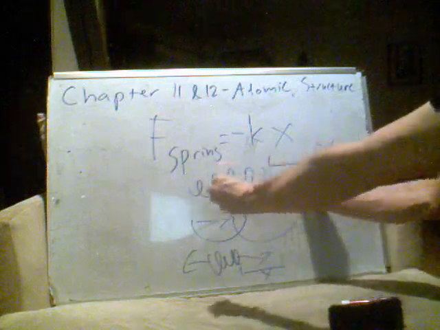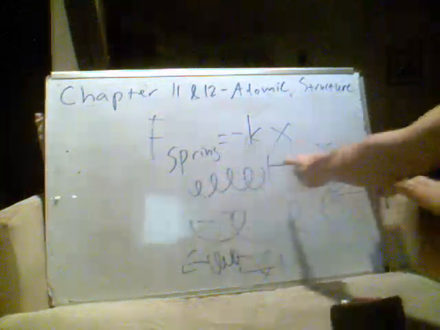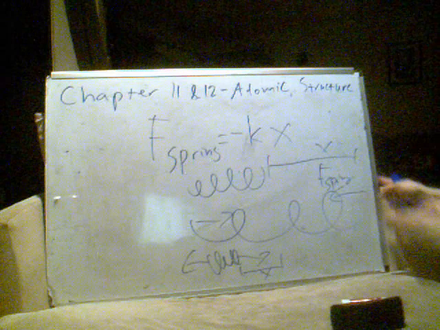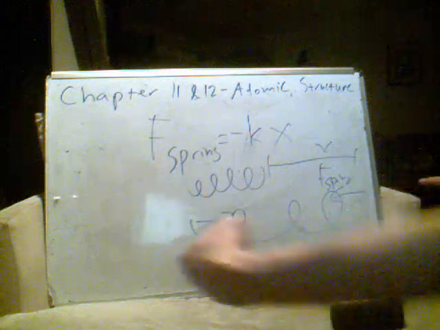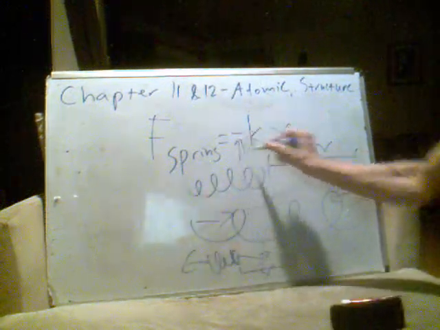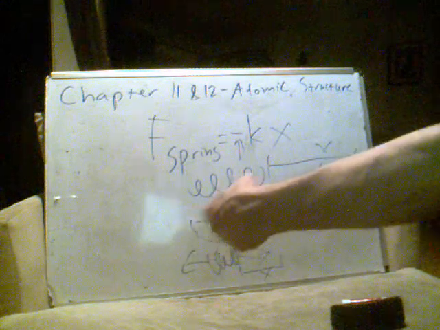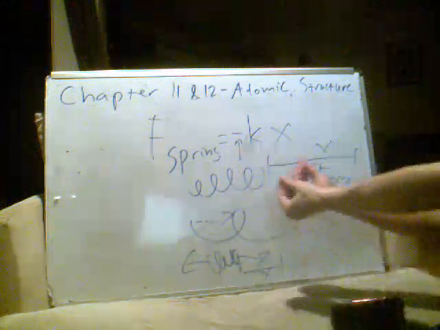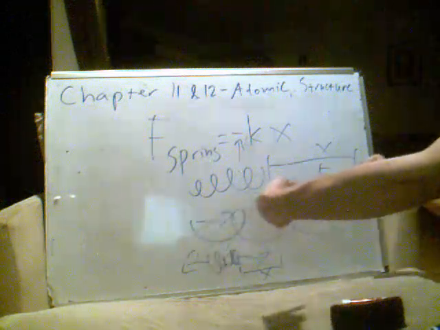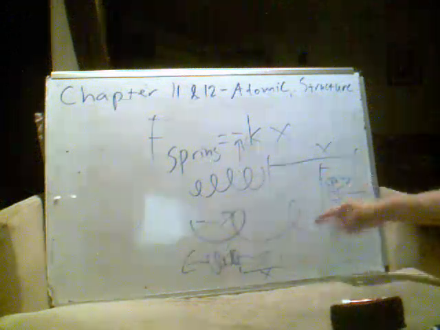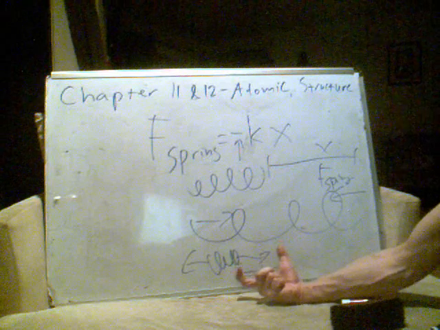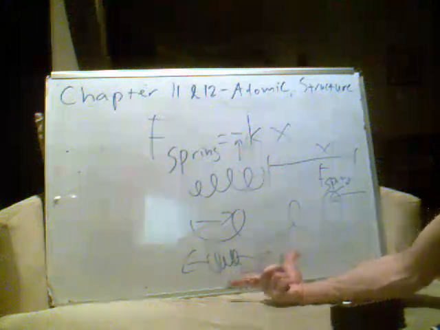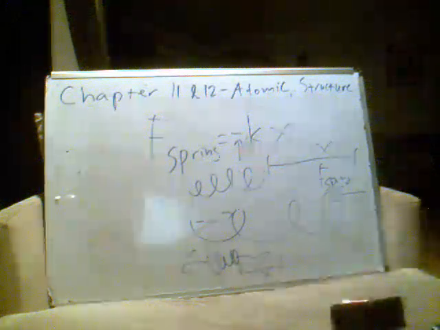We went from here and stretched it out to here. So the distance from equilibrium is this far, right? The minus sign is here to show that it's going to push in the direction opposite the displacement from equilibrium. So if we're pulling it outward, the spring is going to want to push inward, and if we're compressing the spring inward, it's going to want to push outward.